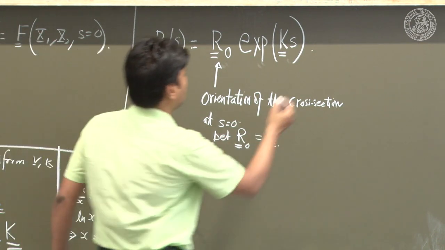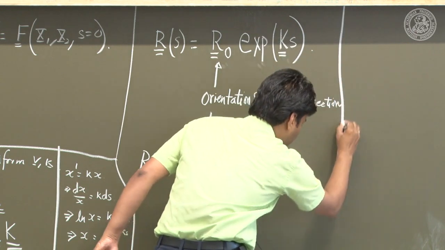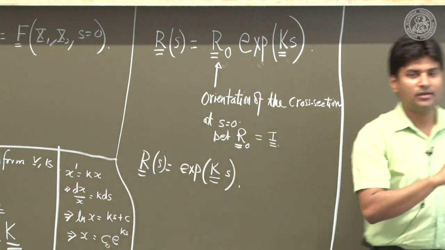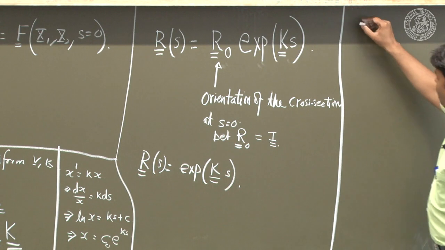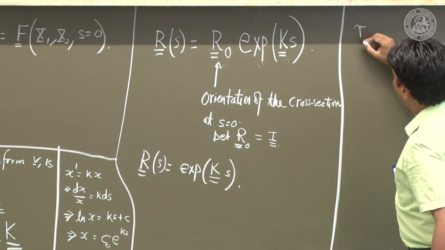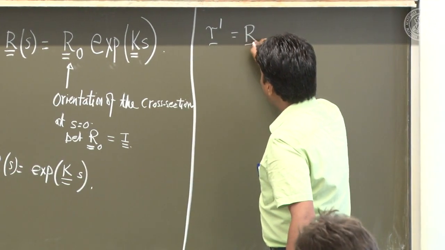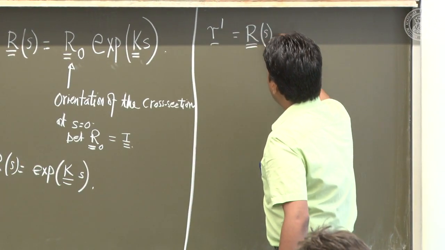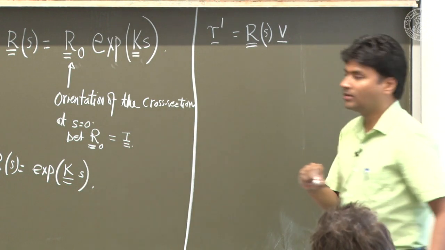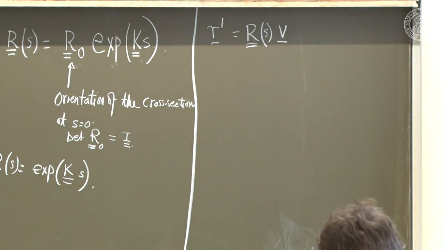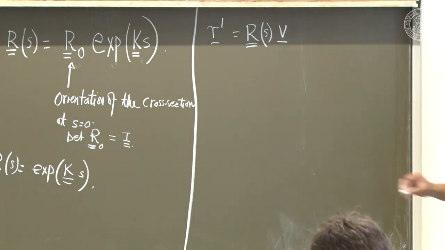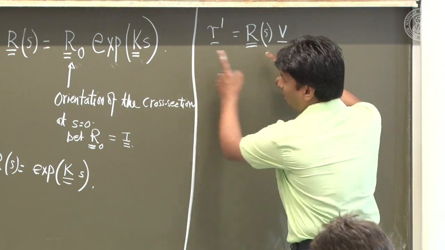All right, very good. Then how to get your little r then? Little r prime is nothing but big R of S times V, isn't it? So, now substitute your big R from here.